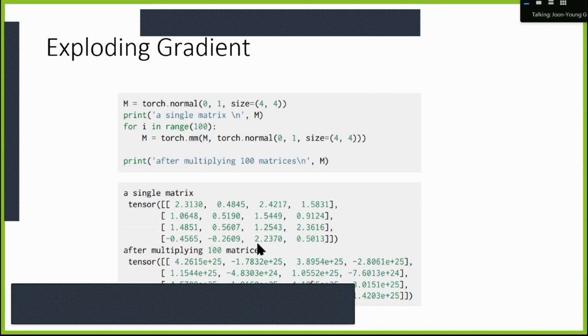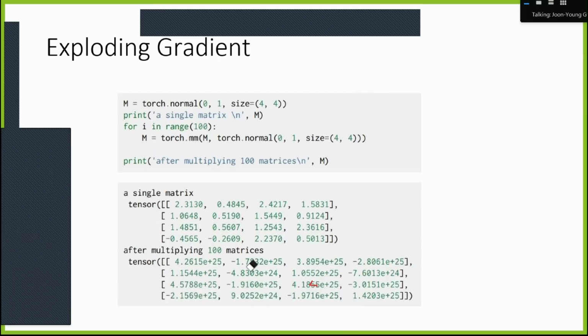Okay. For this slide, the takeaway would be that even though we start with values in a small range, sampled from a normal distribution, which in the beginning are relatively small, as it goes through hundreds of matrix multiplications, the values become very big.